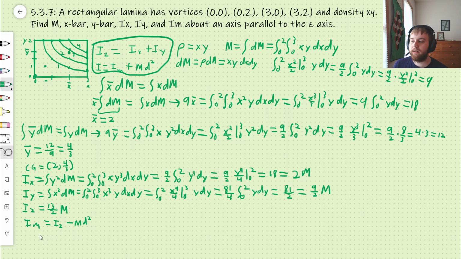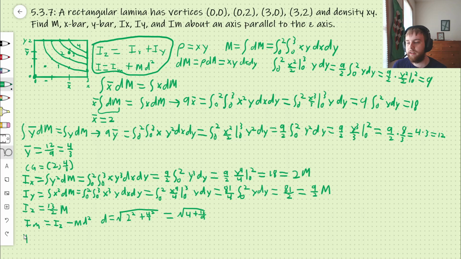So our d is going to be equal to the square root of 2 squared plus 4/3 squared, equals square root of 4 plus 16 ninths. And then d squared obviously is the square of that.